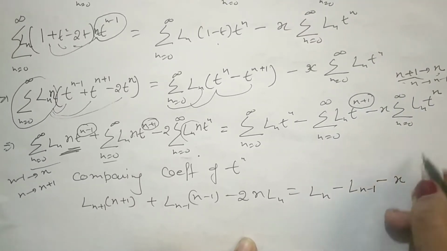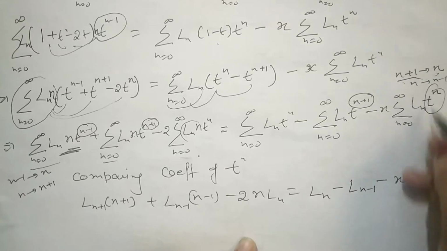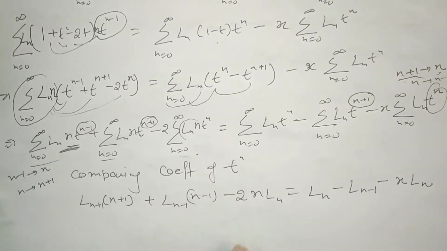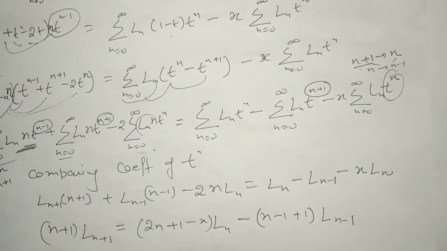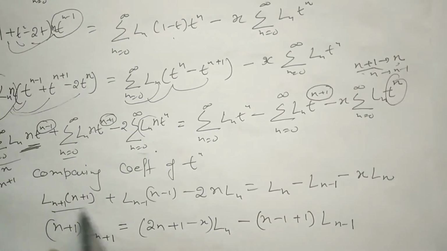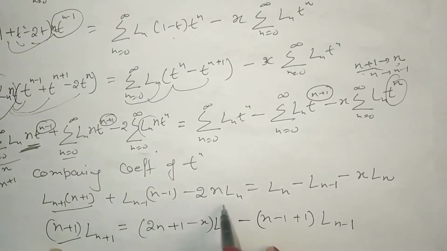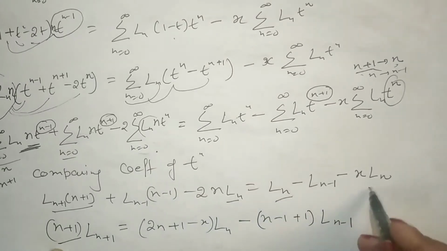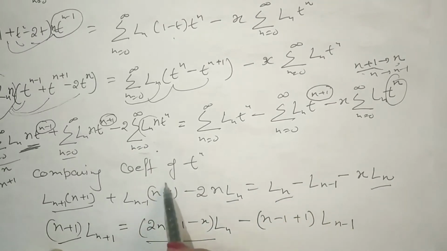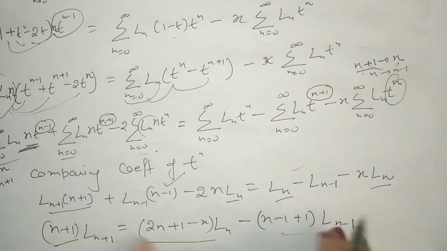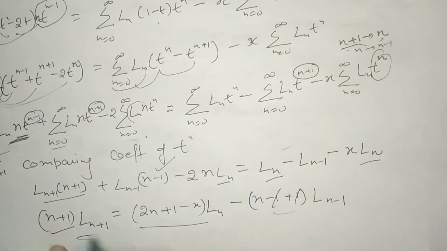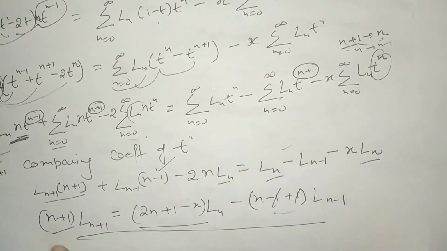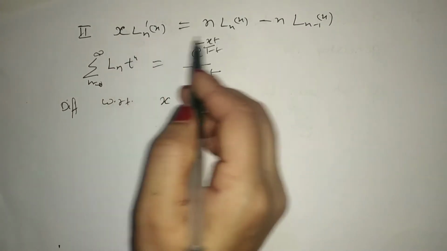Minus x as it is, and this is already t raised to power n, and we have to take ln here. Now we have to collect all the terms on one side. So now collecting, this is the only term, and here are 3 terms containing ln, so we collect them here, and 2 terms containing l(n-1), and collecting all these we get the required recurrence relation here. Now this is the second recurrence relation.